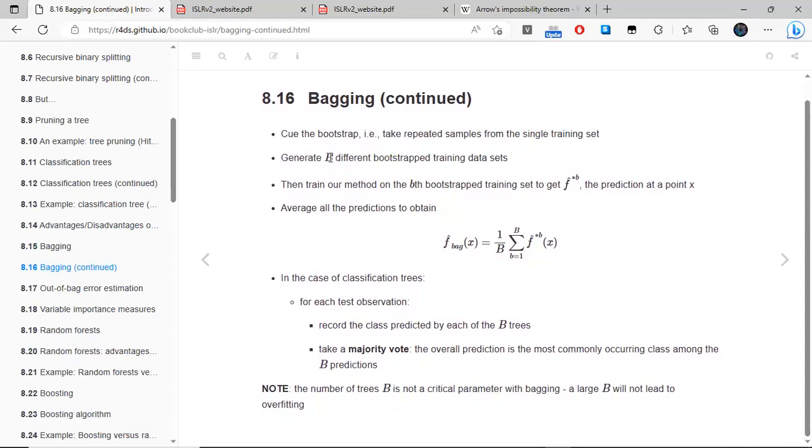We can generate some number of them, some number B. And now for each of those samples, we can fit a decision tree. So that would give us also B decision trees. So now we can define this ensemble prediction as simply the average of the predictions produced by these B decision trees.